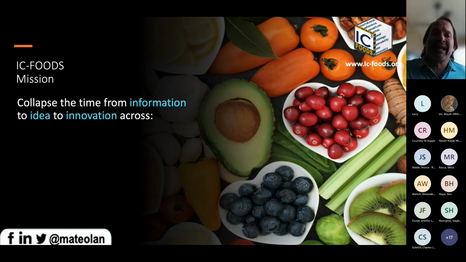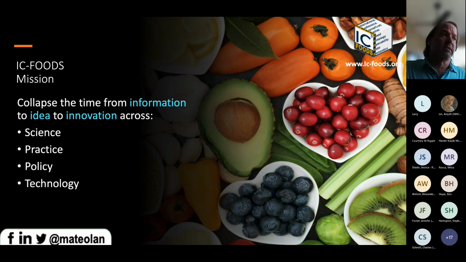So really, what we can do, though, is we can lower barriers to innovation. We can collapse the time it takes to go from acquiring information to having an idea to innovating and even to implementing across science, practice, policy, and technology.